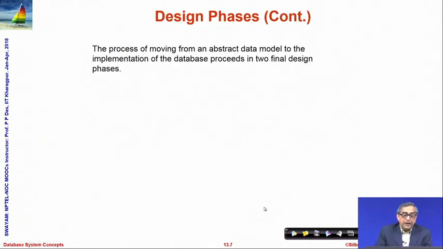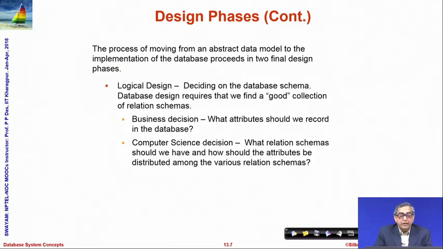Now, once we have that kind of a conceptual, more abstract data model, we will go to the next phase of the design, which is finding out a more concrete design through a process of logical design. In the process of logical design, we will first decide on the database schema.